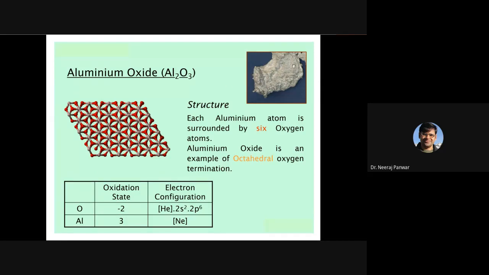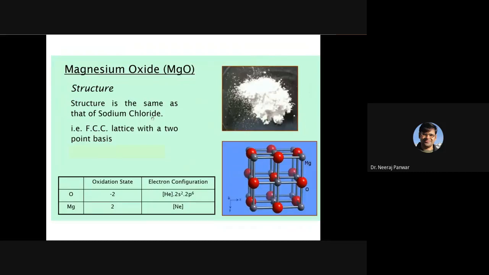So this is the actual single crystal of aluminum oxide, but when we see it at the angstrom level or the atomic level, you see this periodic arrangement that is extending. Another example is magnesium oxide, MgO.